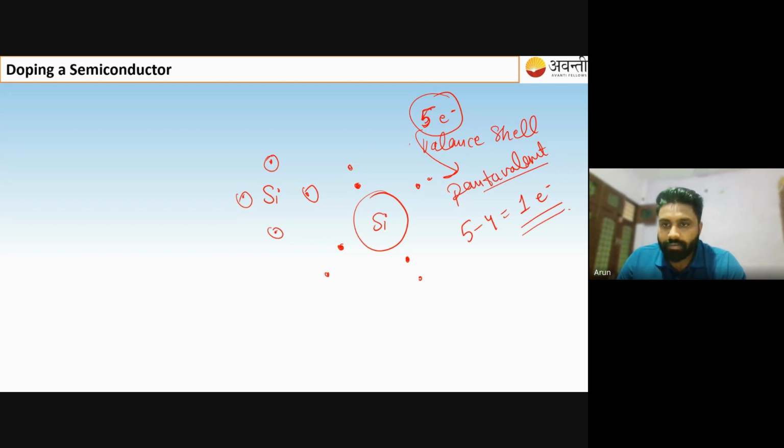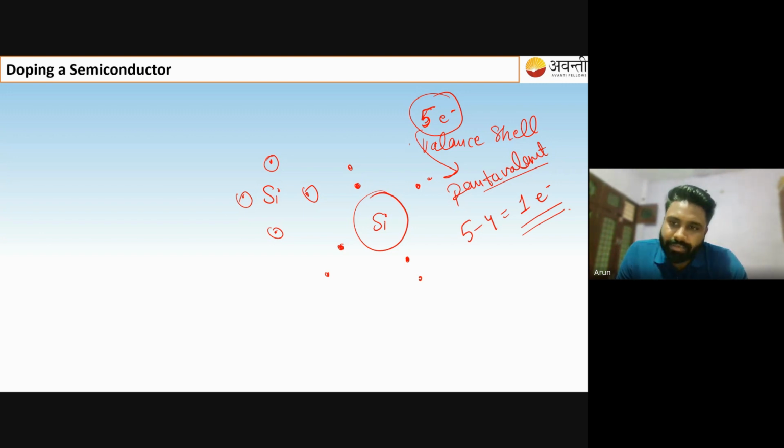Okay, got it? Which means the semiconductor in which we doped a pentavalent impurity will act as the negative charge carrier, because there the number of electrons is in excess. So that extrinsic semiconductor will act as the n-type semiconductor.